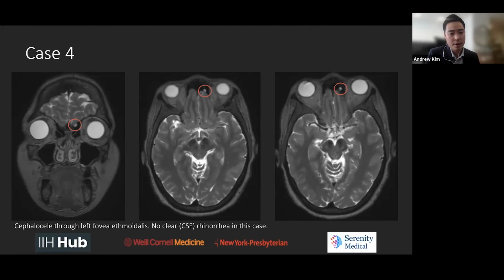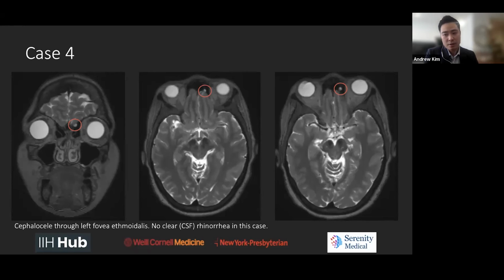So it's protruding through it. We have a cephalocele here. We can see the nice T2 bright signal, which demonstrates CSF. One can question whether a little bit more darker signal intensity matching brain parenchyma could be a tiny bit herniating through. At the very least, we have what looks like a meningocele.